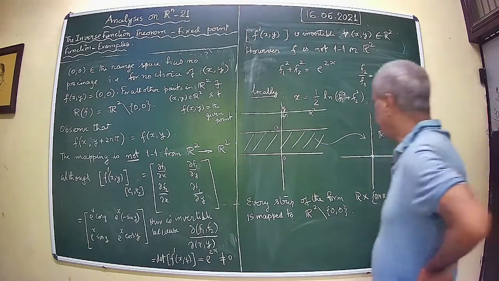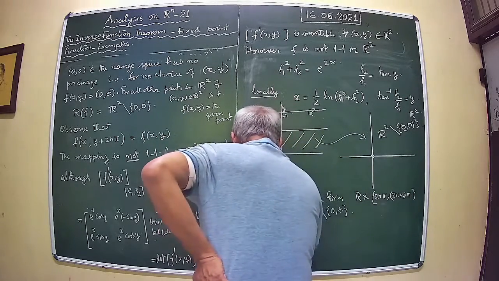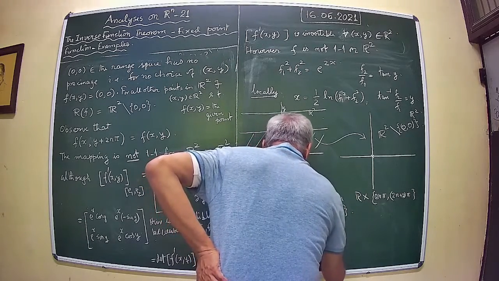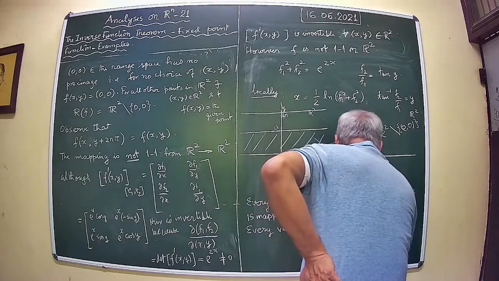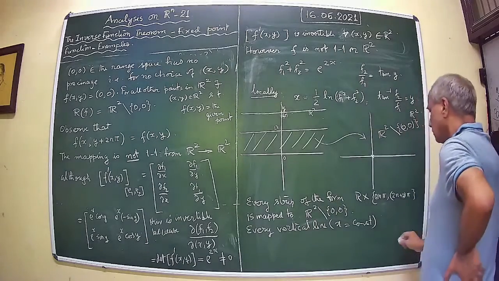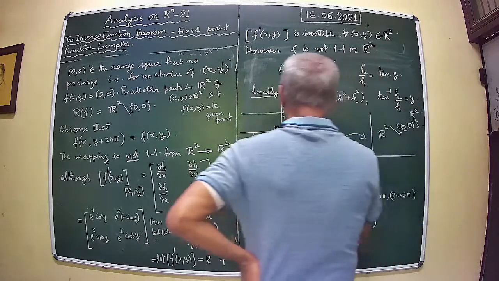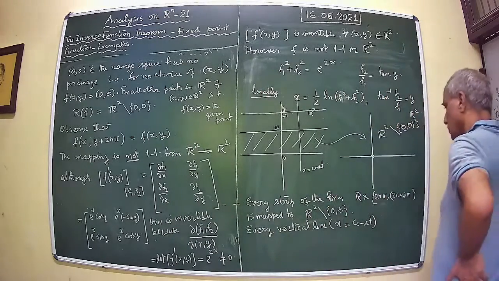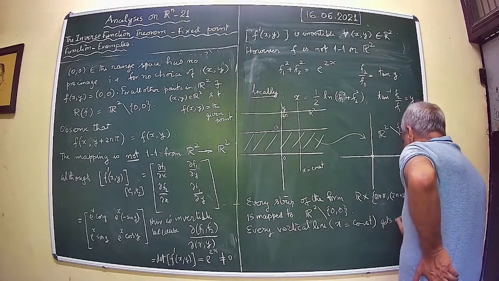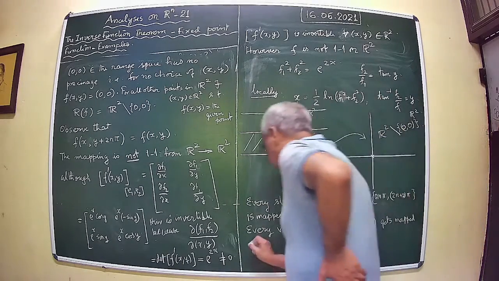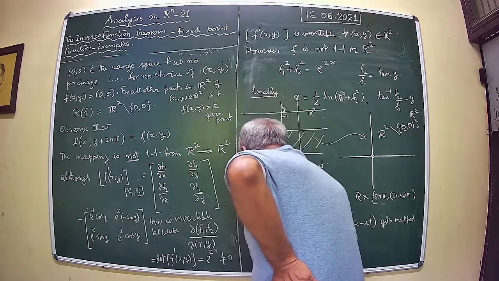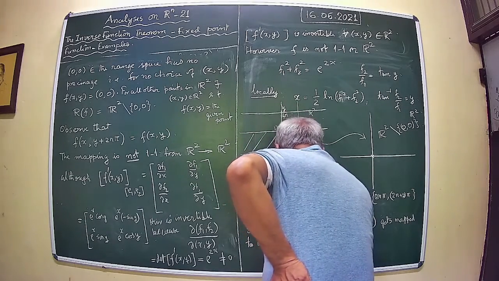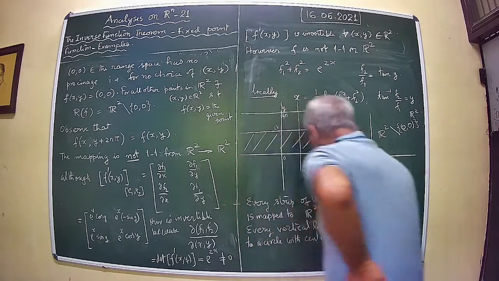Now you see that every vertical line, namely x equal to constant, gets mapped to a circle at the origin.